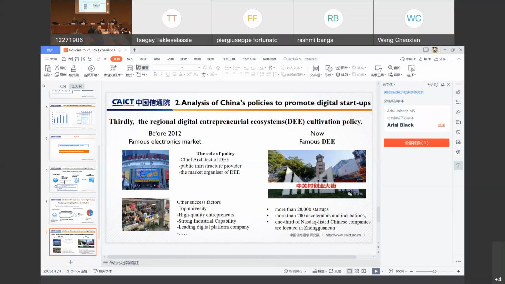Beijing Zhongguancun, for example, was once a famous specialist market known for selling personal computers and other electronic goods decades ago.